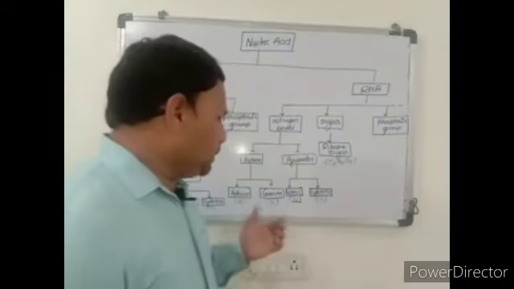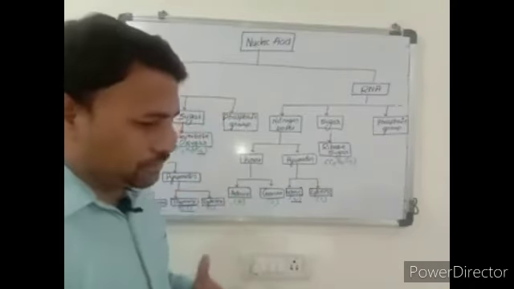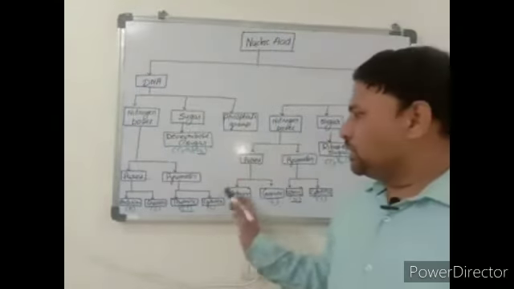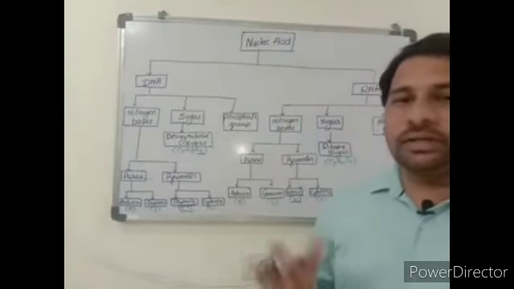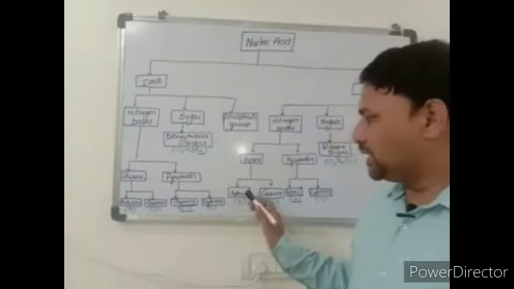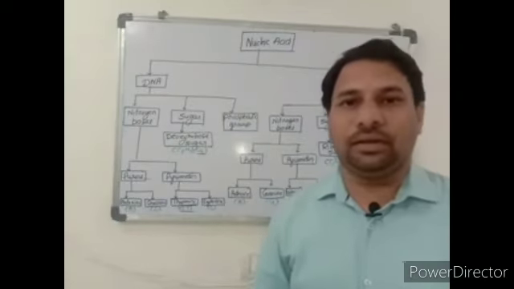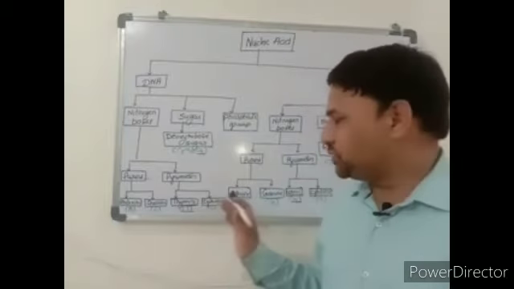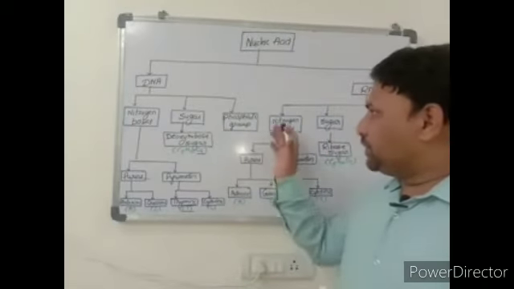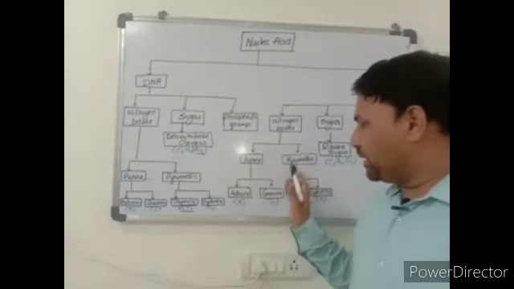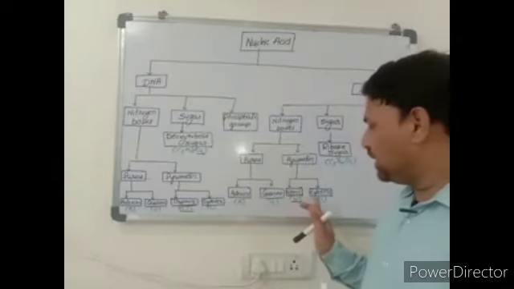Just as we saw purine bases in DNA, RNA also contains the same nitrogen bases, adenine and guanine. Adenine is represented by A and guanine by G. The pyrimidines here are uracil and cytosine.